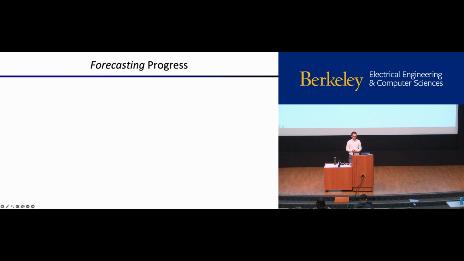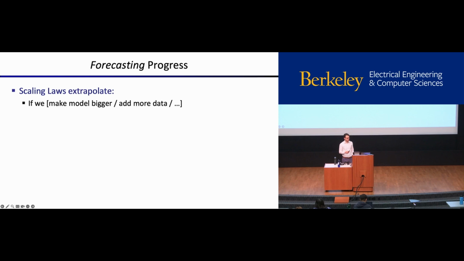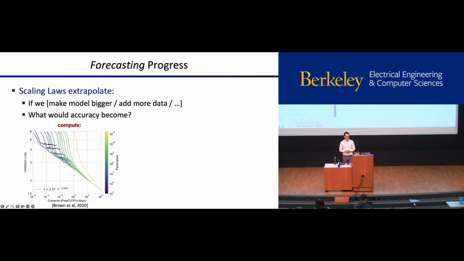Forecasting progress, basically: people have developed what are called scaling laws that say you can extrapolate the performance improvements that we've seen in the past. If we make the model bigger and if we add more data, the trends seem to continue. What would the loss become? It just keeps going down. If we make the model use more compute, our loss keeps going down. If we make the model bigger, it keeps going down even more.